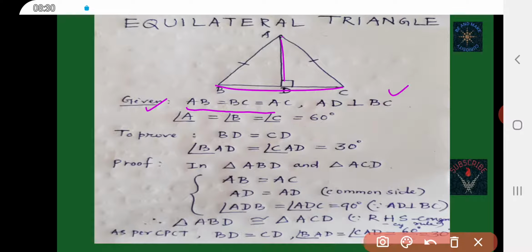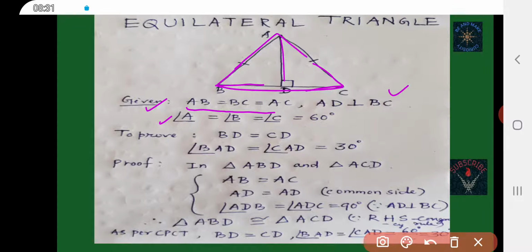Each angle of an equilateral triangle is equal to 60 degree. So here angle A, angle B, angle C is equal to 60 degree.